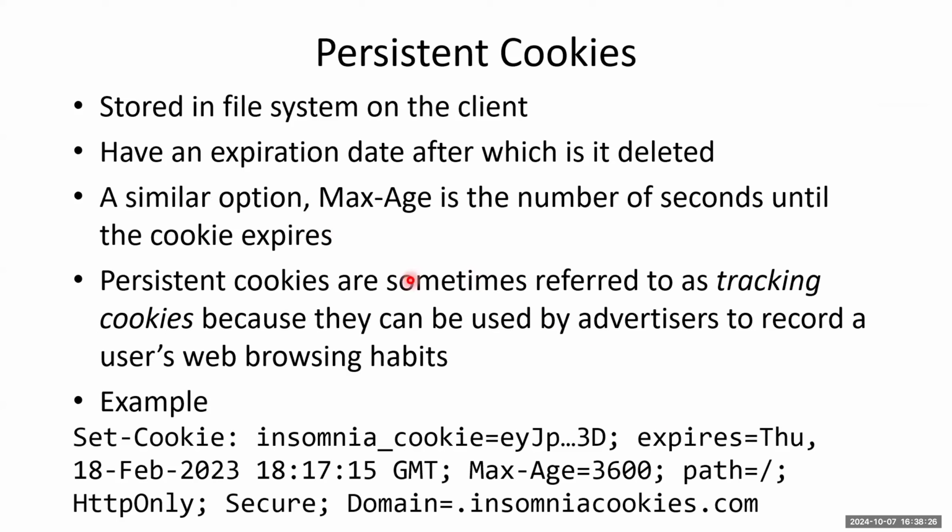There are several ways to specify how long it's supposed to stay. Anything that's not going to be deleted immediately, if it has any kind of date or time on it, then it's a persistent cookie. Two ways to do that mostly are max age, where you can specify the number of seconds until this cookie expires, or you can give it a date, an expiration date.